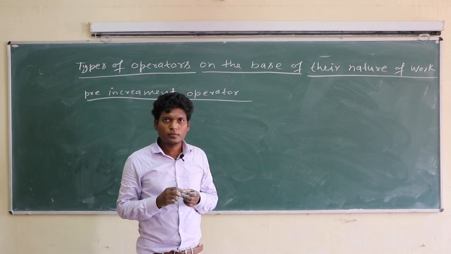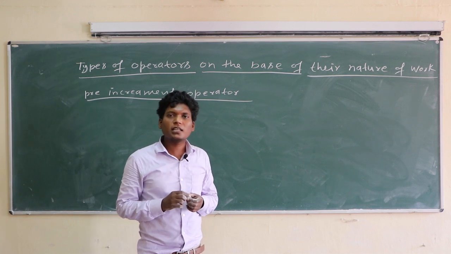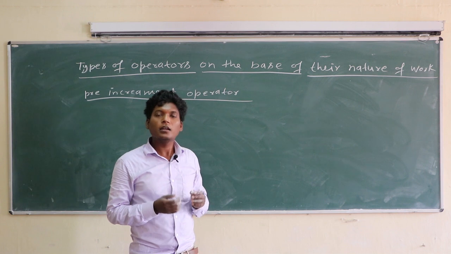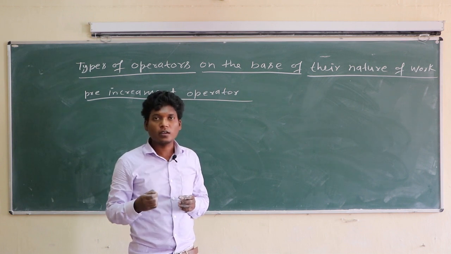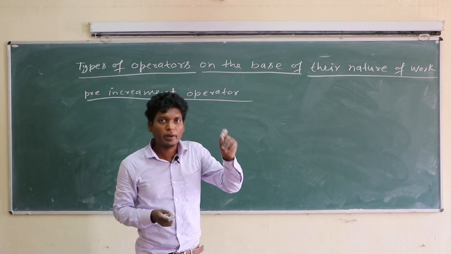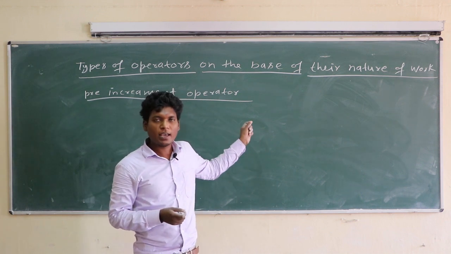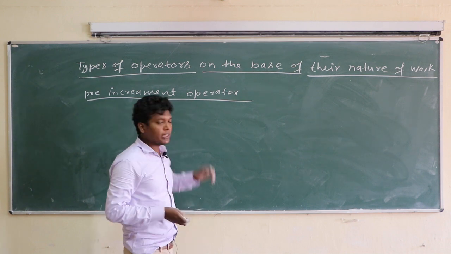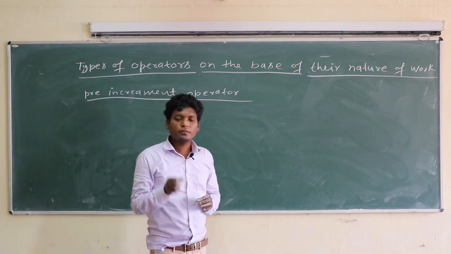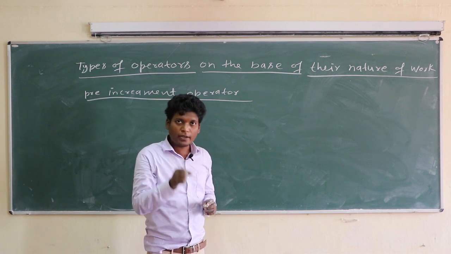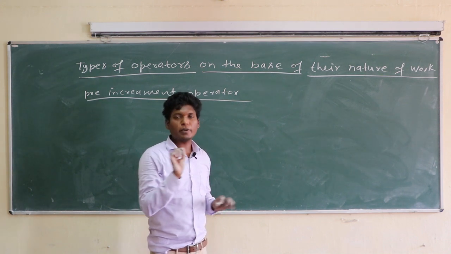By the semicolon. A C program is nothing but a set of statements, and statements are terminated by semicolon. In pre-increment operation, the value is incremented before the statement ends, meaning before the semicolon.